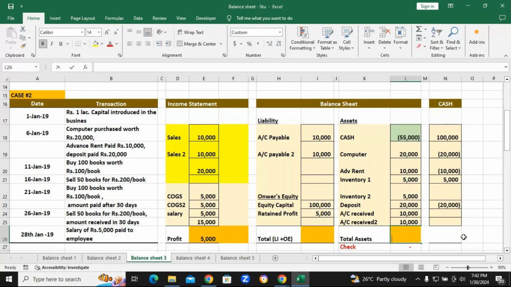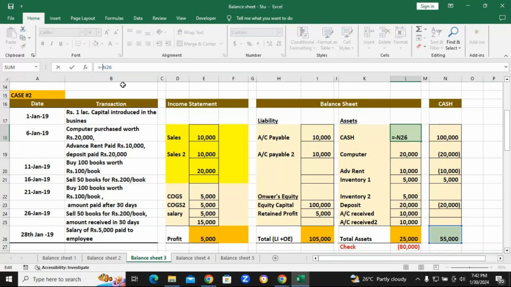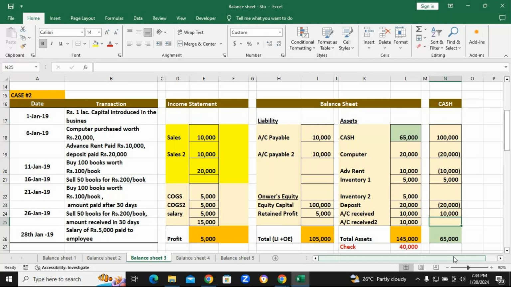So here I'll just remove the negative. This one, has this one been received? Equals L24, equals L25.